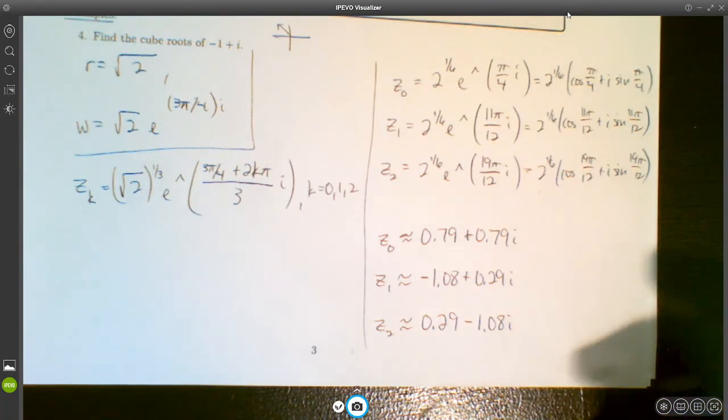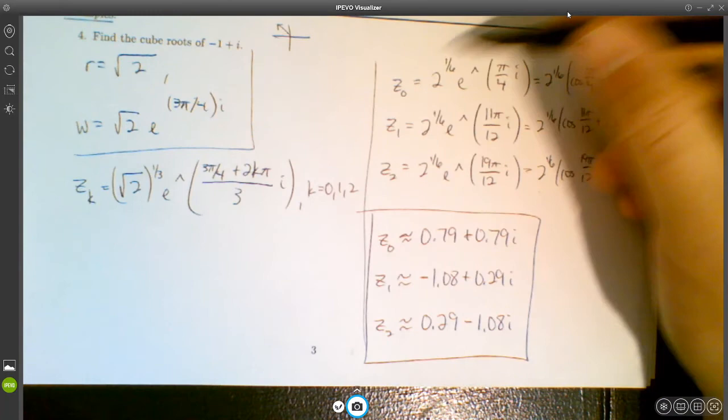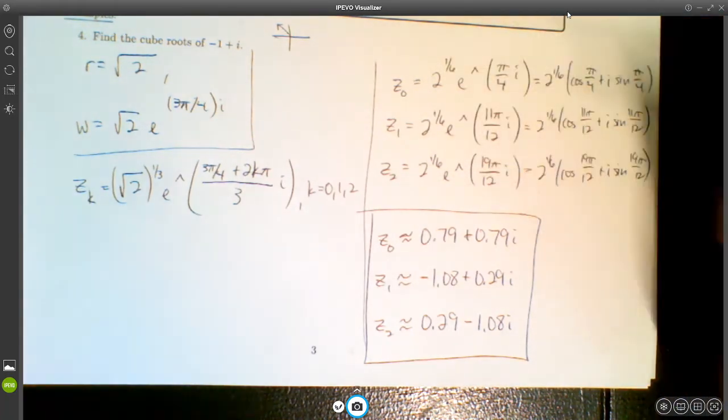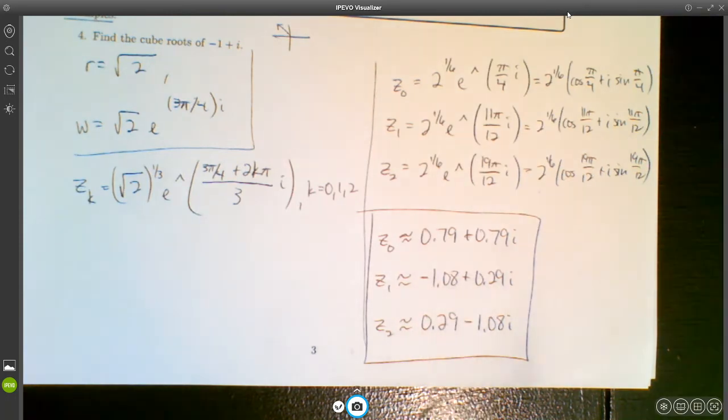Okay, so there we go. These are the exact answers up here, right? But if you want some approximations to see about how much this is, these are about how much this is.